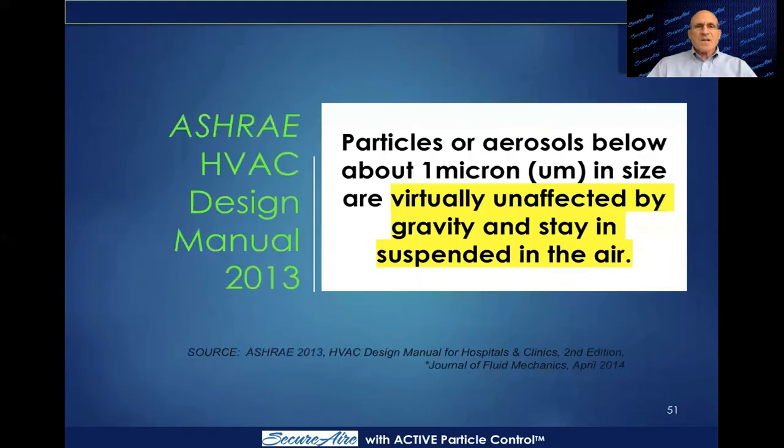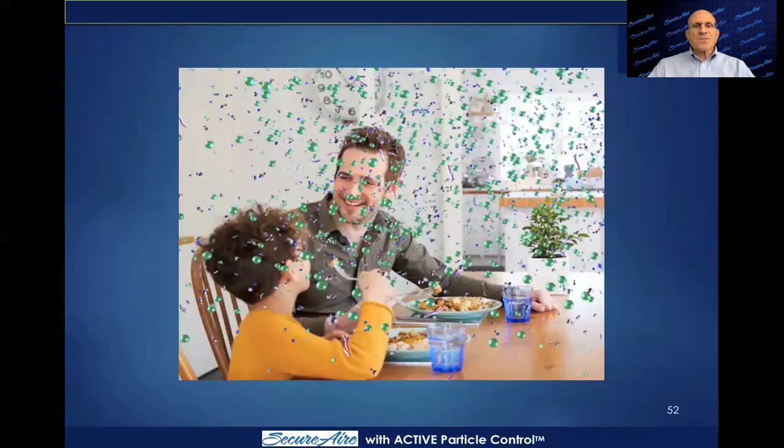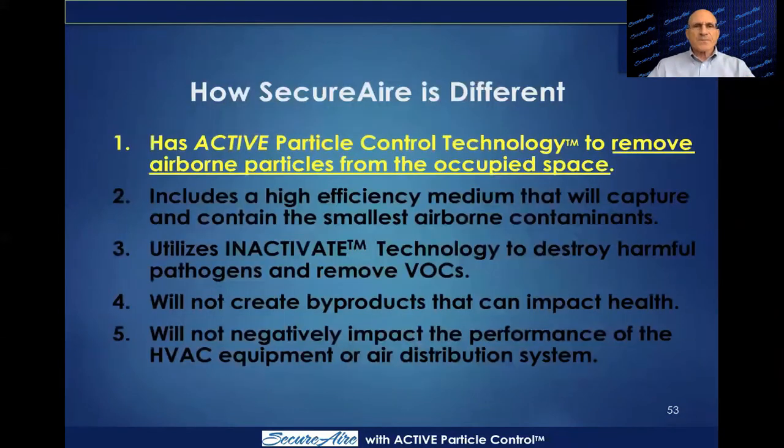ASHRAE says that particles below 1 micron are virtually unaffected by gravity and stay suspended in the air. Even normal air movements won't be effective at moving them from where they are back to a capturing device. So we have to have something to make these particles somehow get bigger so they have more mass and more surface area so they can be moved from where they are back to a capturing device.